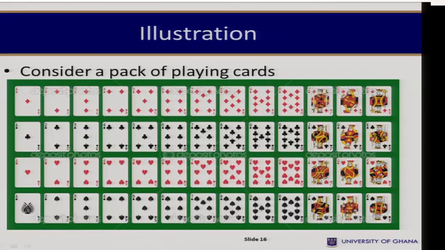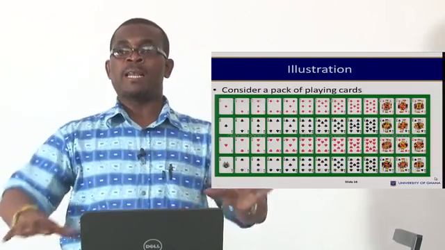There are 13 of each, because we have the ace, we have 2 through 10, and then we have the jack, the queen, and the king, and there are 4 times that, so there are 52 in all.